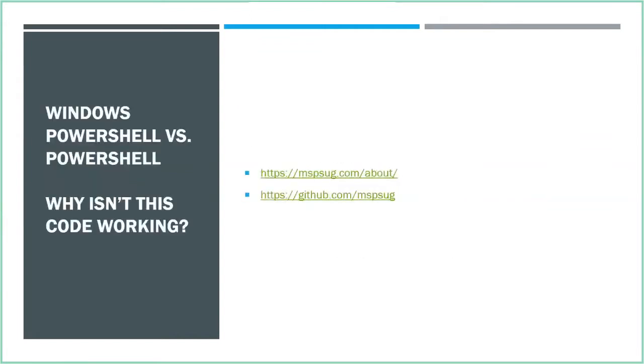So for our quick little puzzle, if you go to one of these two URLs, the About page for the Mississippi PowerShell user group, or our GitHub repo, there's a little bit of code on the screen there that works under Windows PowerShell, and the only thing it displays is the email address.